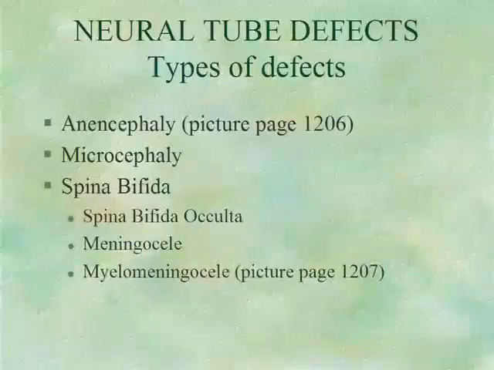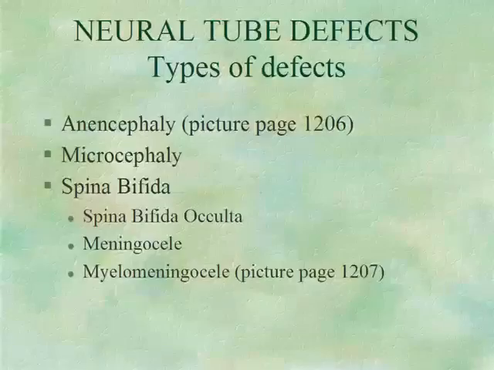Neural tube defects is the next thing that I'd like to cover from your textbook. There are a couple things that fall under that heading. The first is anencephaly. You have a picture in your textbook on page 1206 of an infant born with anencephaly.